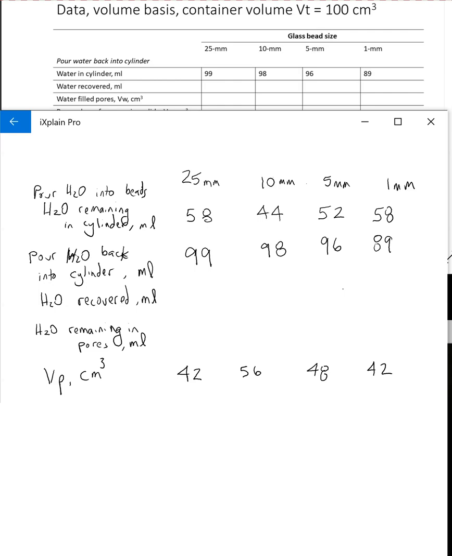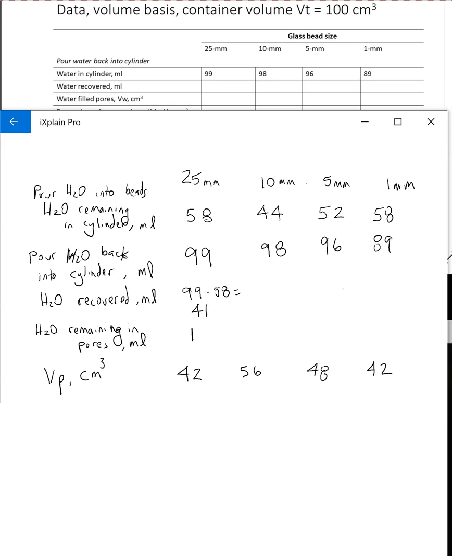So the water recovered is the difference between those two numbers. So 99 minus 58, which is equal to 41. What does that mean? That means that 1 milliliter of water is still in the pores.